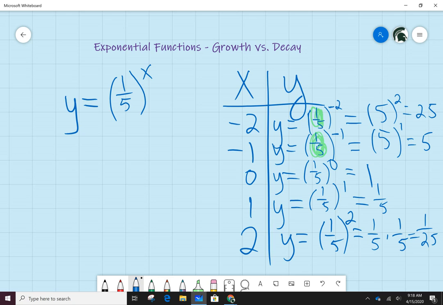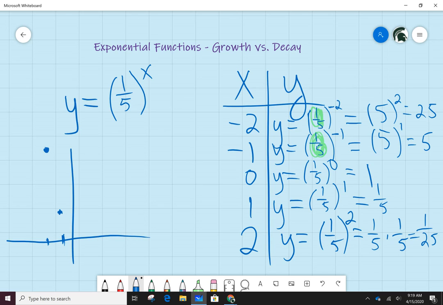Okay, so what effect does that have on our graph? When we sketch it, just as a quick sketch, you can see that a -2 power would be back here on the x-axis. It's going to have a really high y value of 25. Then when we have a -1 power, that brings the value all the way down to 5.